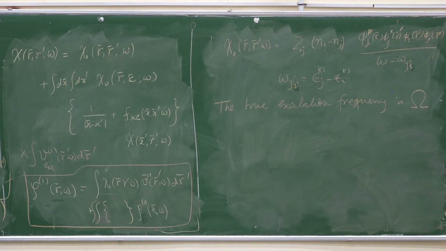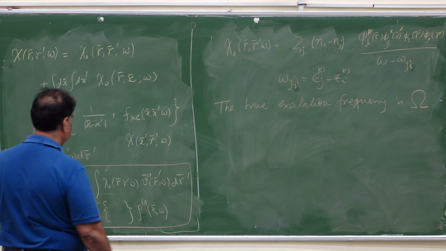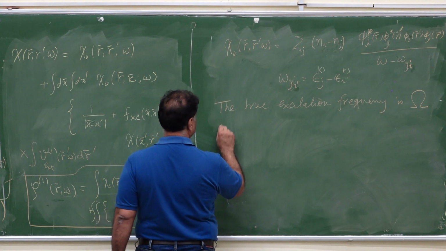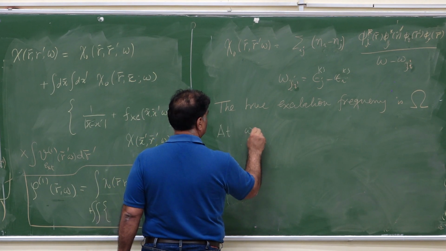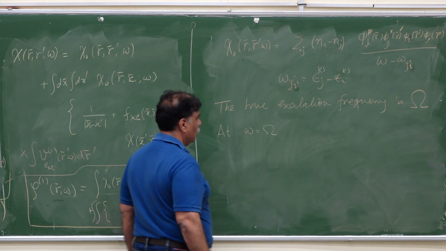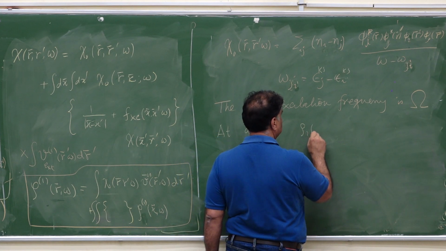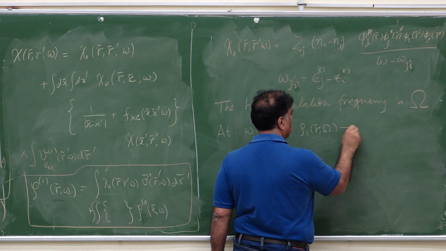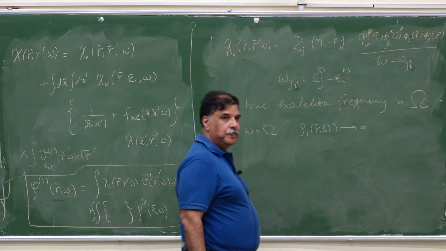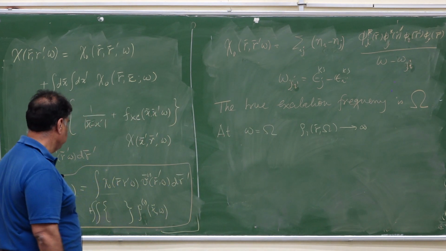Now at capital omega, rho 1 r omega goes to infinity, right?